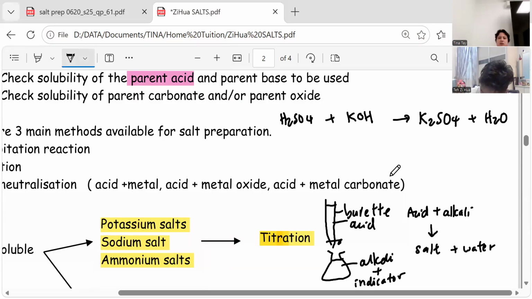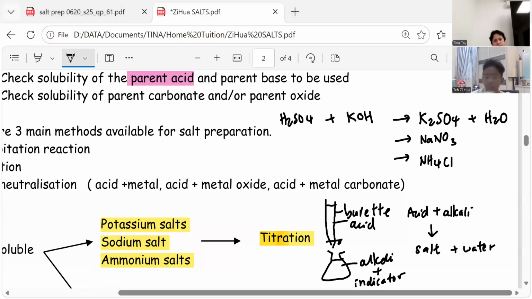Balance this equation and figure out what acid and what alkali I should use to make sodium nitrate and ammonium chloride. Okay? Balance the first equation first. 2 KOH and 2 H2O. Yeah, correct. Okay, do the other two.